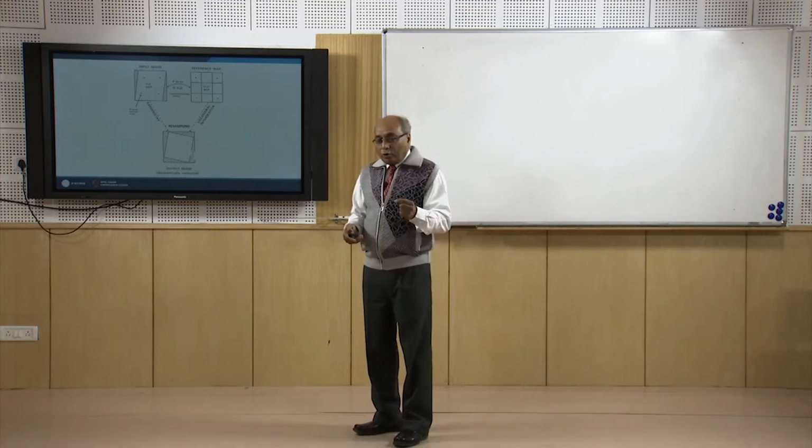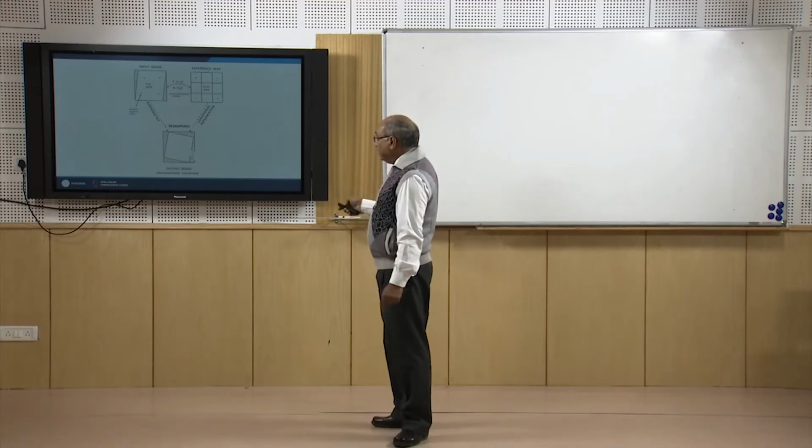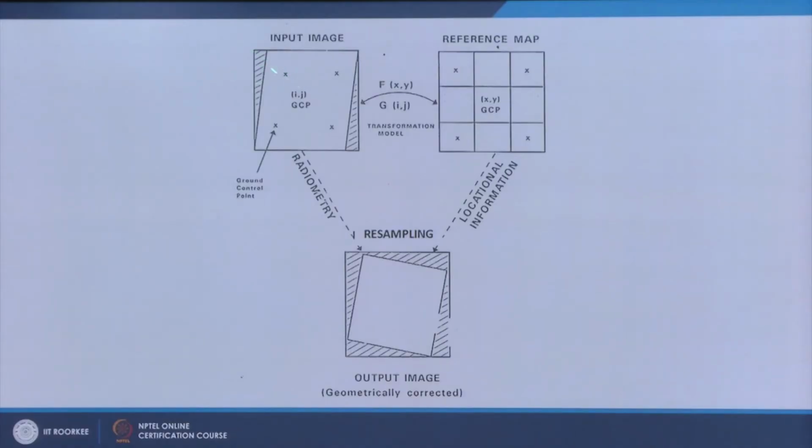Common ground control points means if I am seeing a cross section of two roads here, then the corresponding road cross section should also be visible in my map.